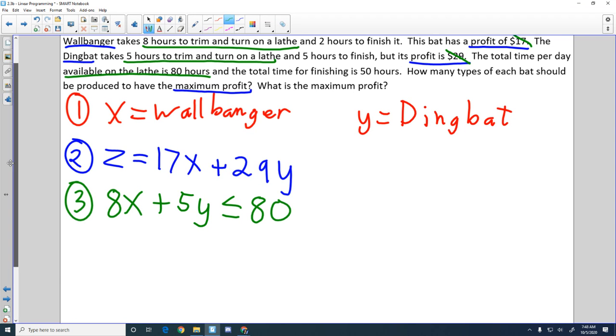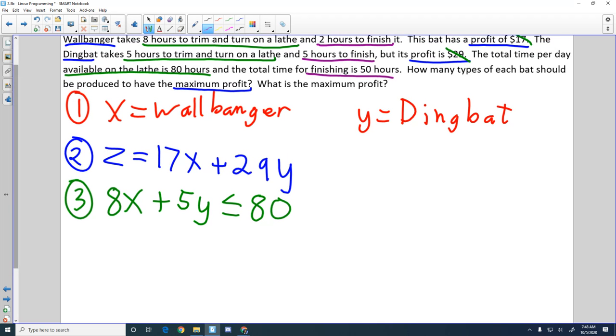And then my next constraint is the hours to finish the product. So basically polishing it up, sanding it, staining it, making it look super nice and fancy. And so that wallbanger takes 2 hours to finish. The dingbat takes 5 hours to finish, and I only have a maximum of 50 hours for finishing. So that right there is my second constraint.